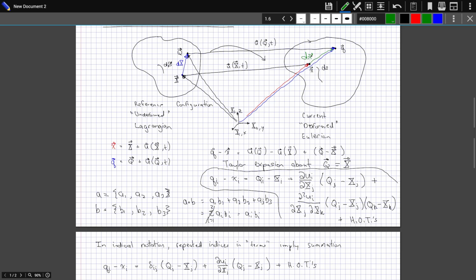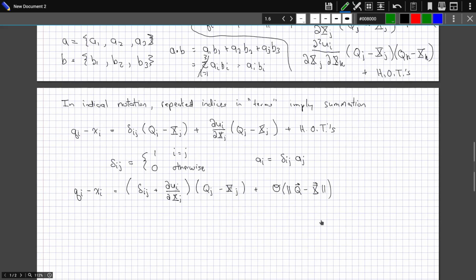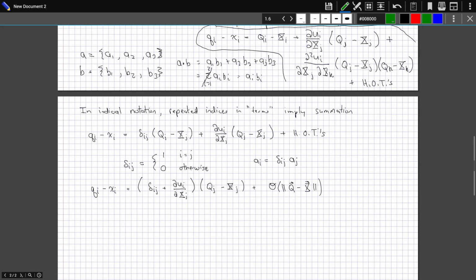Okay? So all we did is, when we initially wrote those down, Q and X were just two points. Now we're going to say those two points are infinitesimally close to one another. So turning over here, remember I said little q minus little x is dx, and big Q minus big X is big dX.